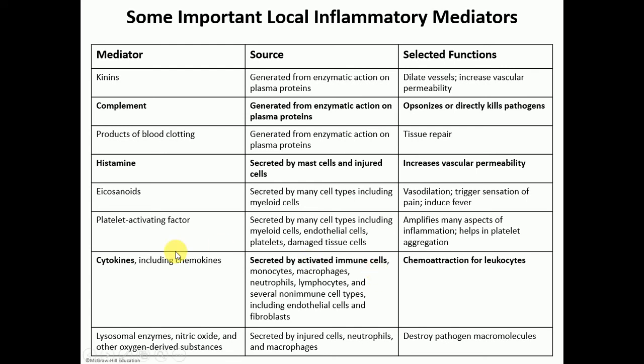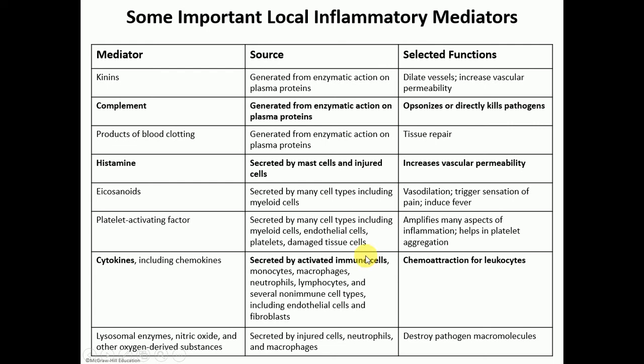We also have cytokines. Notice that they're plural because we have lots of those, and they are made by activated immune cells. These cytokines attract more leukocytes, so they perform a process known as chemoattraction for leukocytes.